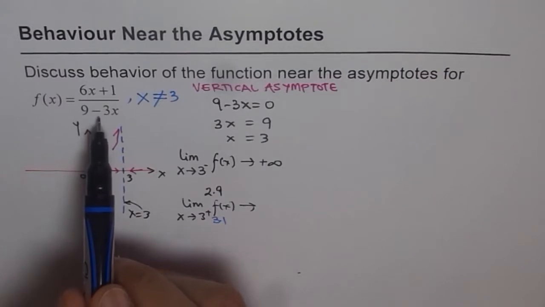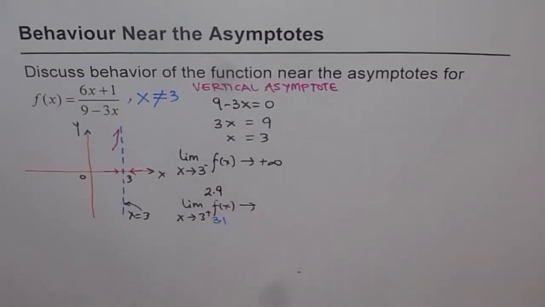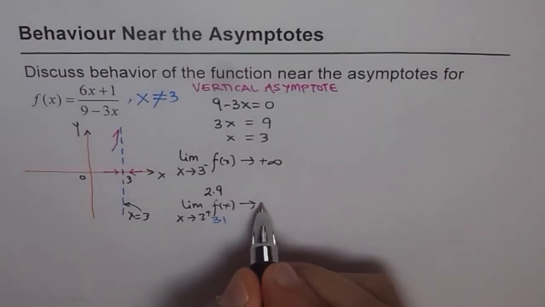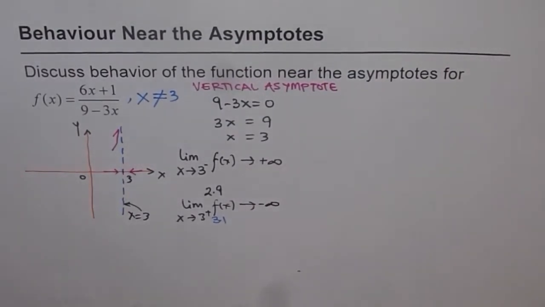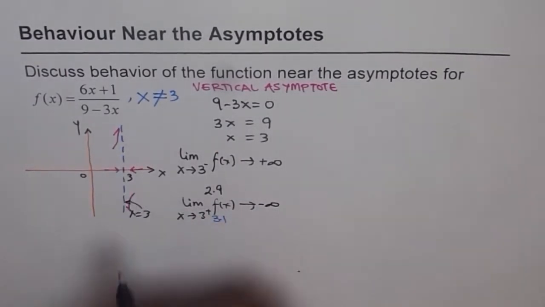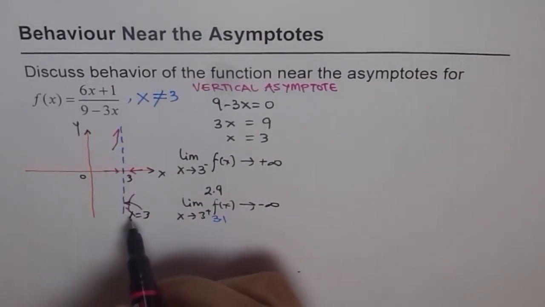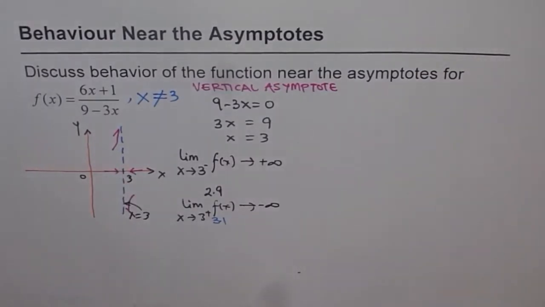Since that is negative and the numerator is positive, we get a negative answer. So the function approaches negative infinity when approaching from the right side of 3, and that is what we call the behavior of the function near the asymptote. I hope you get the point, right?